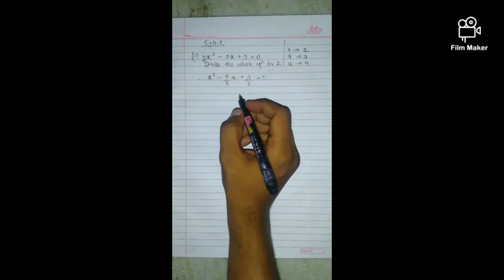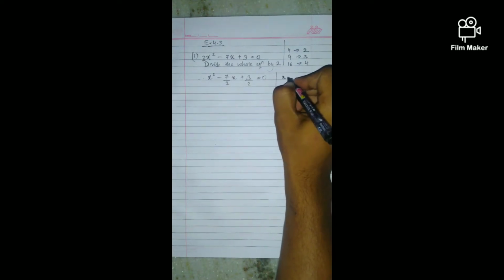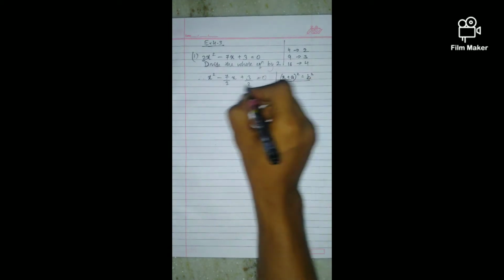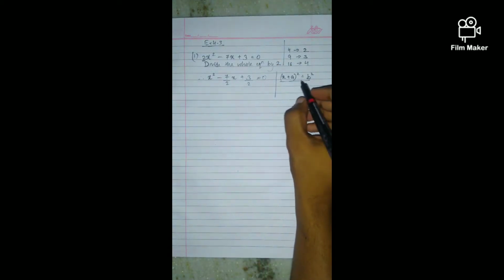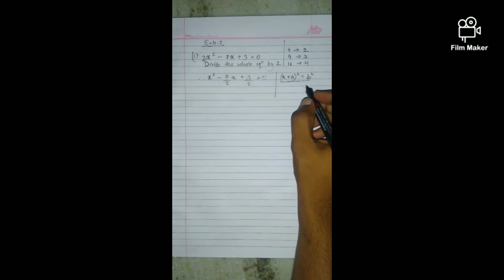So what do we do now? We have to find something like x plus a the whole square is equal to b square. We have to bring this equation in this format always. So it is a perfect square, x plus a the whole square is equal to b square.